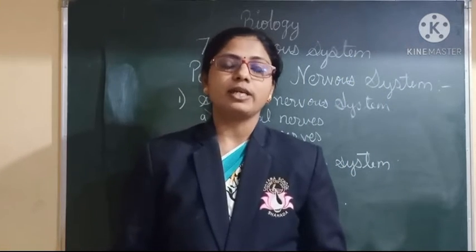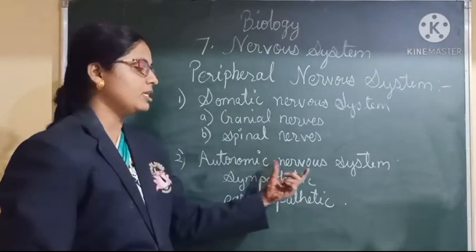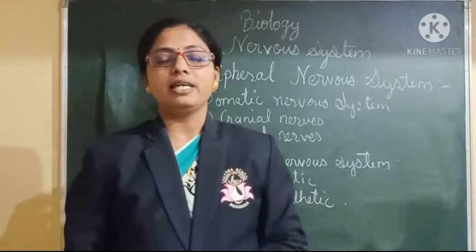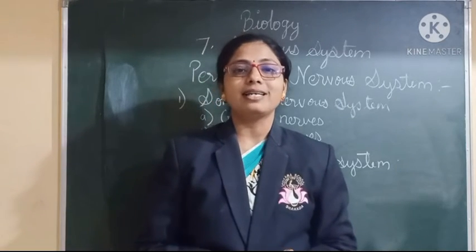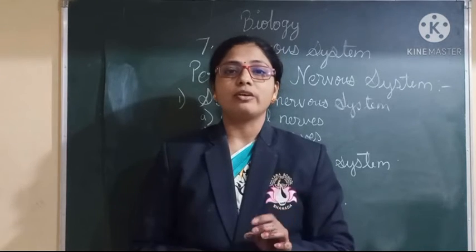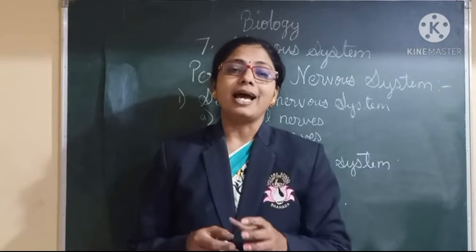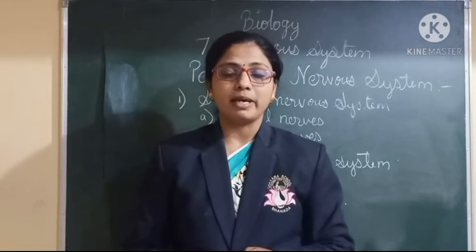The next one is the autonomic nervous system. Mainly it is present on either side of the backbone. It mainly consists of a pair of chains of different nerves, on either side of the backbone.